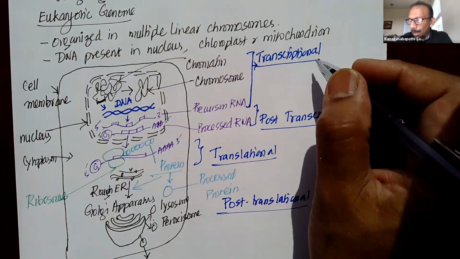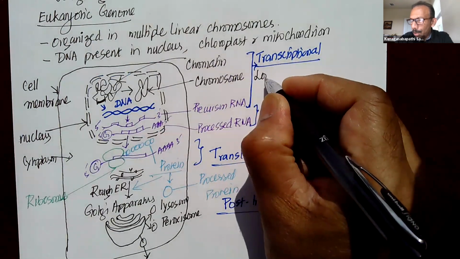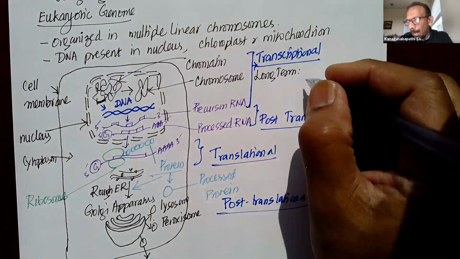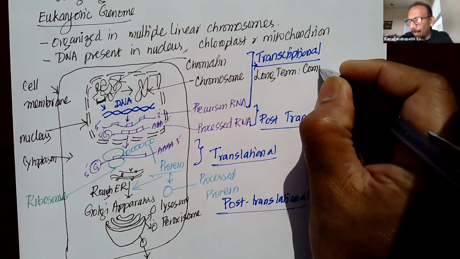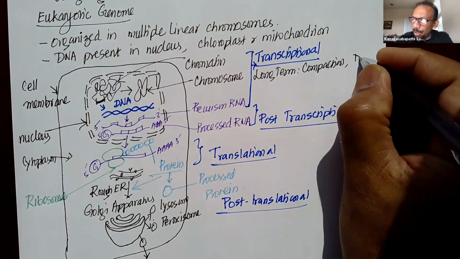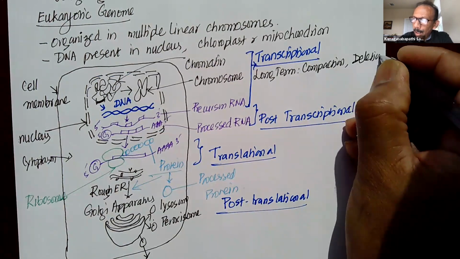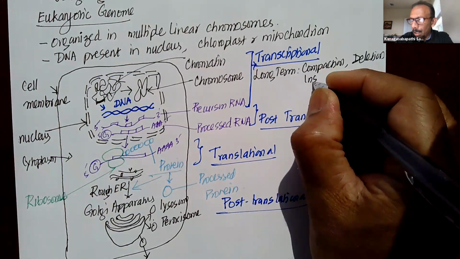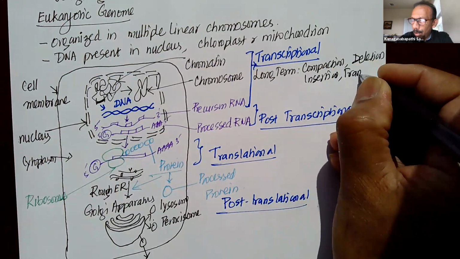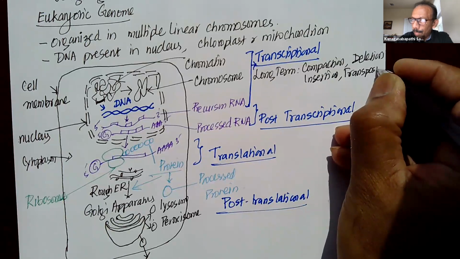So this can happen either long-term, such as compaction of the DNA, or deletion of the DNA and insertion, transposition. All these are possible here.